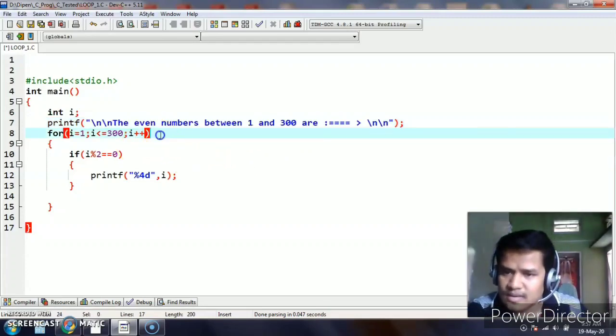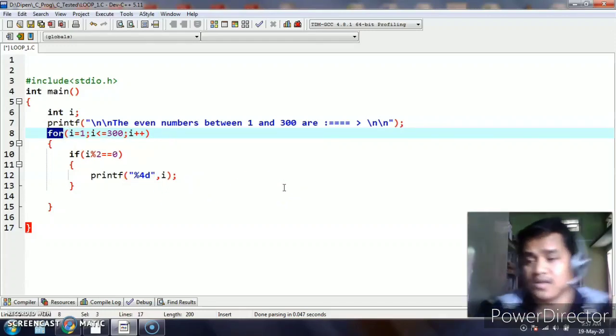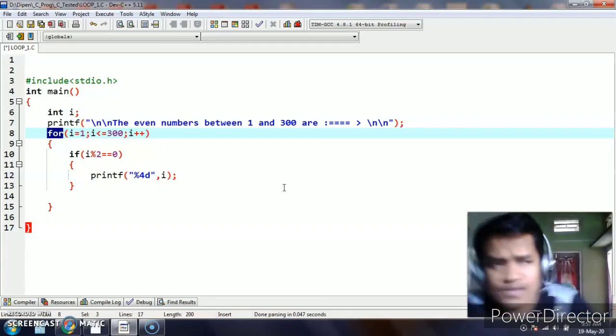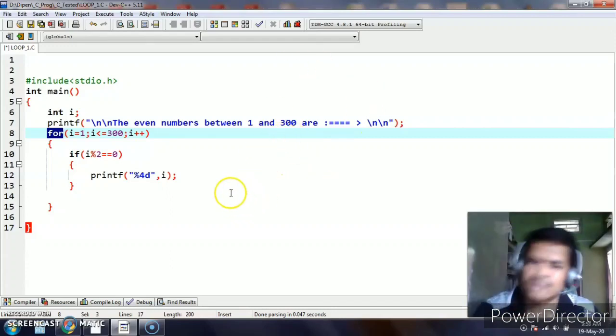Here I am discussing the for loop. We have two other looping statements, while and do while. Before going to do while and while, we are starting with the for loop, which is very popular in C language.